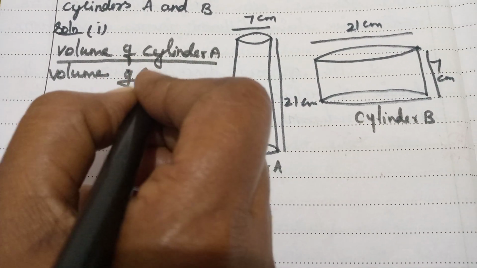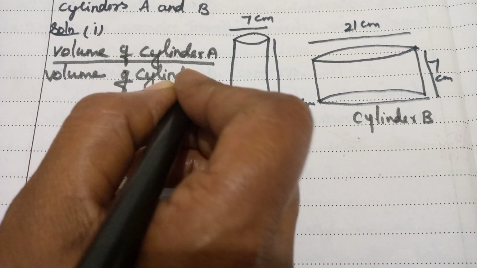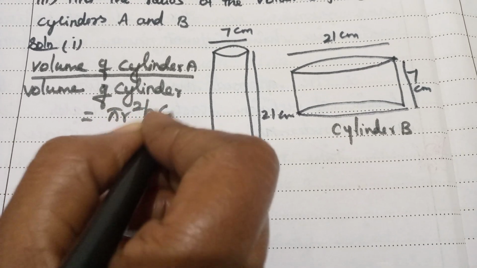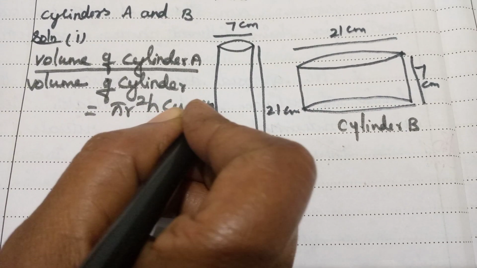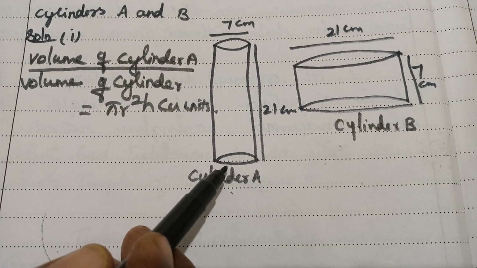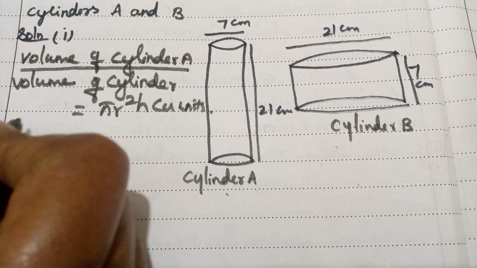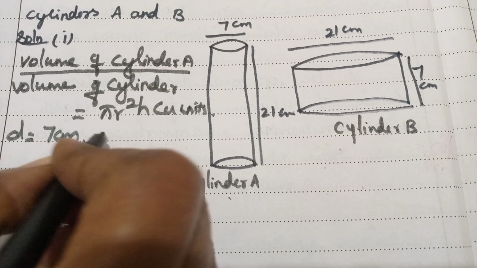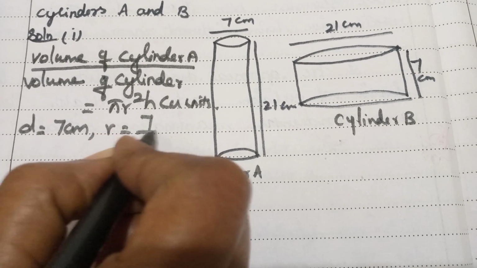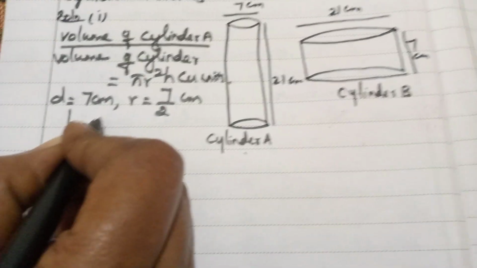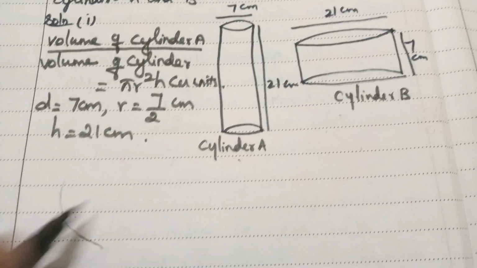Volume of cylinder equals pi r square h cubic units. Here diameter is given. For cylinder A, diameter D is equal to 7 centimeter. So radius equals half of that, 7 by 2 centimeter. And height is given, 21 centimeter.